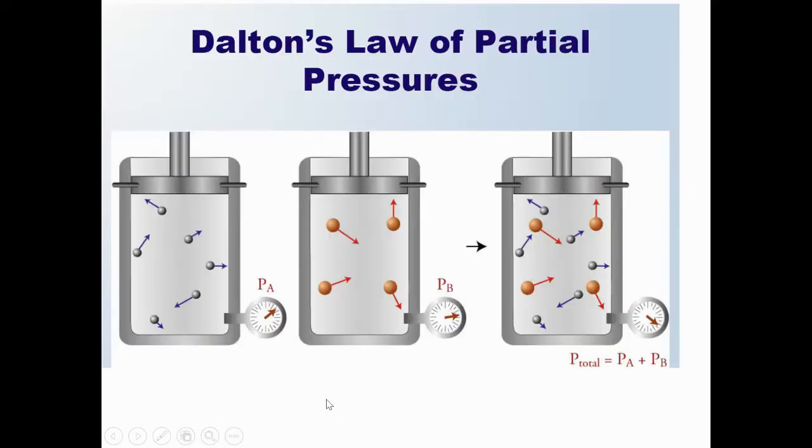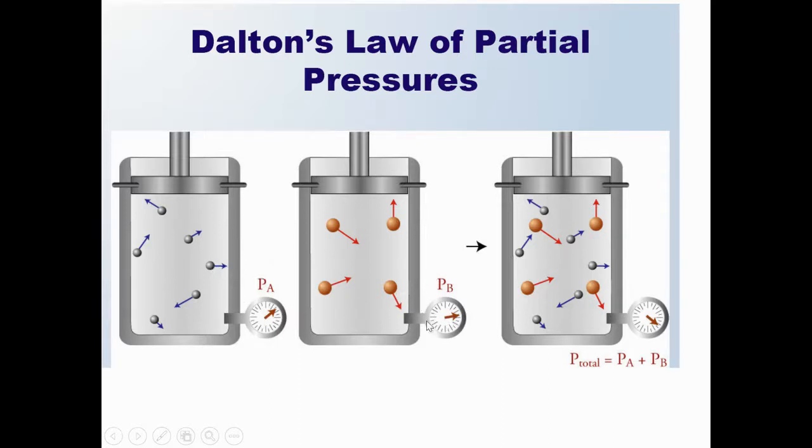Here's an illustration of Dalton's law. If I had this blue gas here, and it's in a certain size container, and it was exhibiting a certain amount of pressure, and I had a second container with this orange gas here, equal volume, exerting a certain amount of pressure.